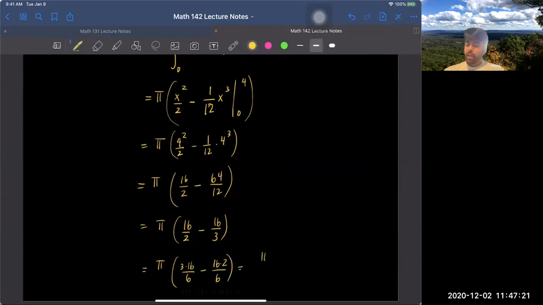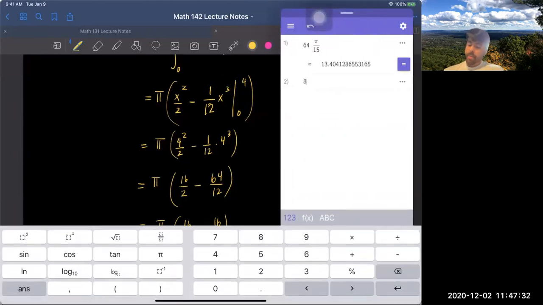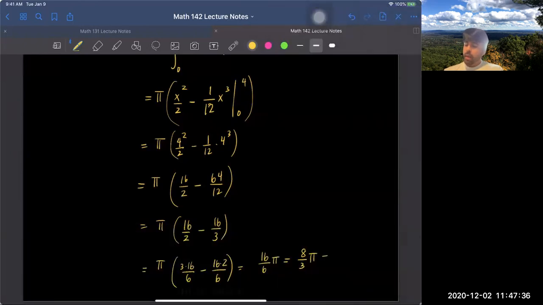I would get 16 over 6 pi, which reduces to 8/3 pi. And what is 8/3 pi? 8 pi divided by 3. I get 8.377... That's my volume.